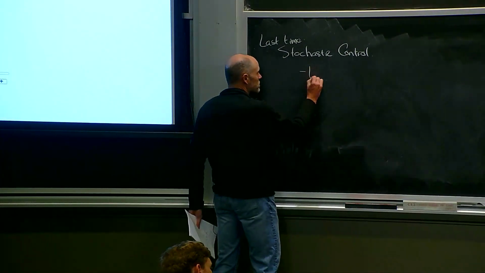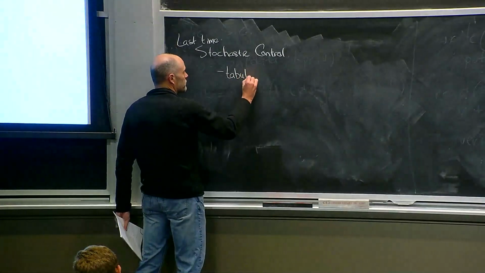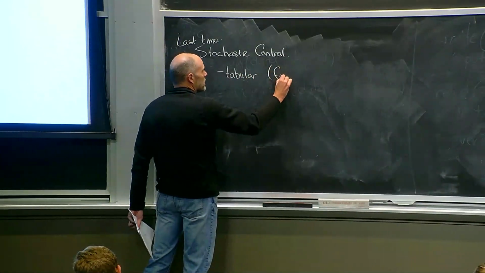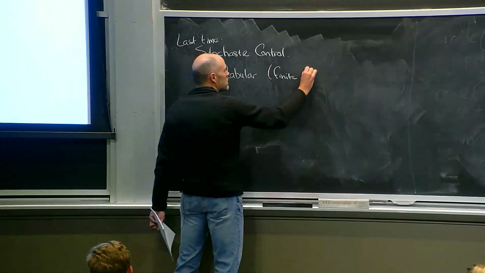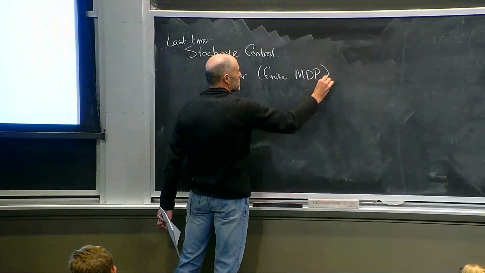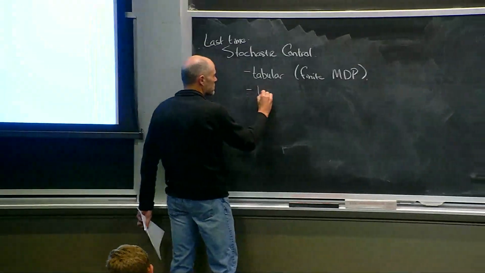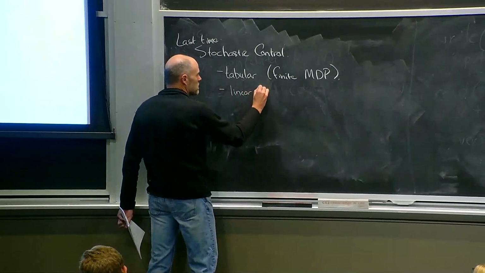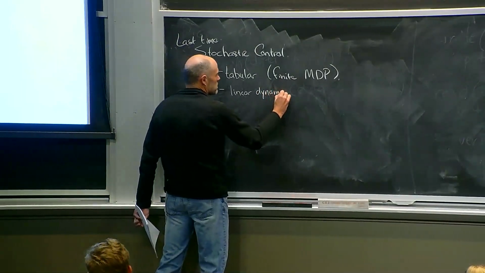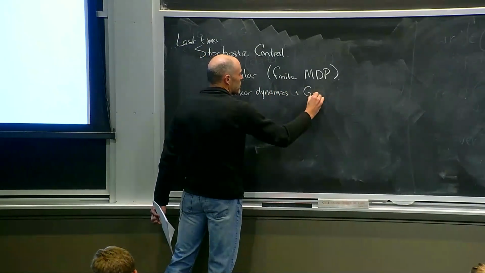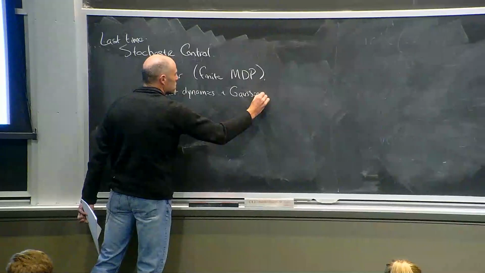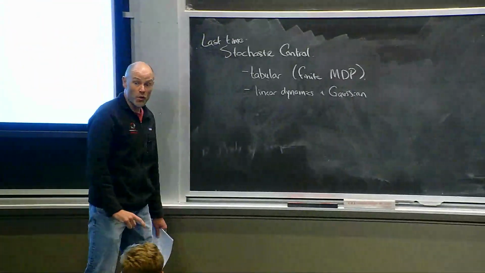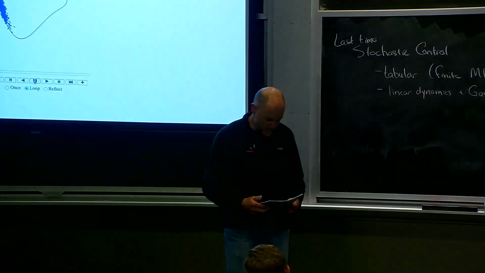One of those was the tabular case, the finite MDP. And the other was the linear dynamics plus Gaussian noise. And we showed that we could figure out LQR in that setting.